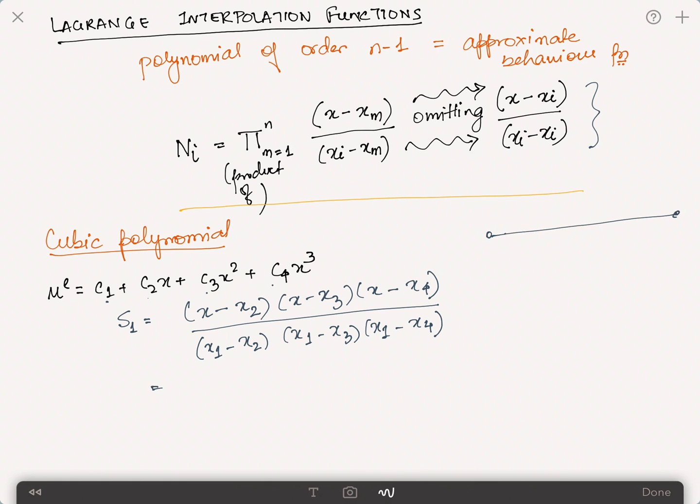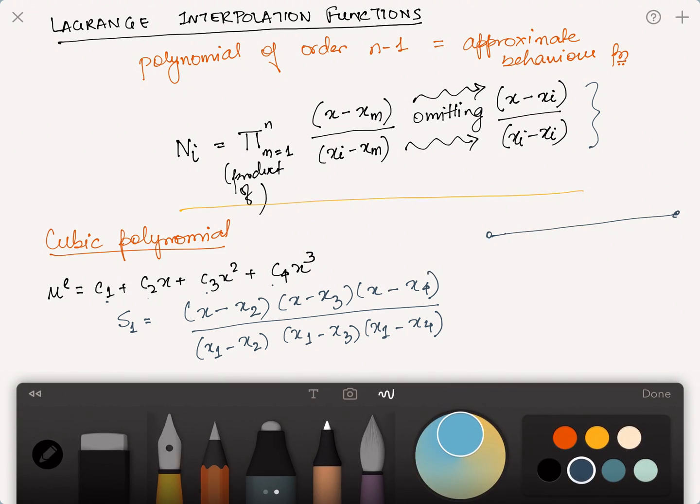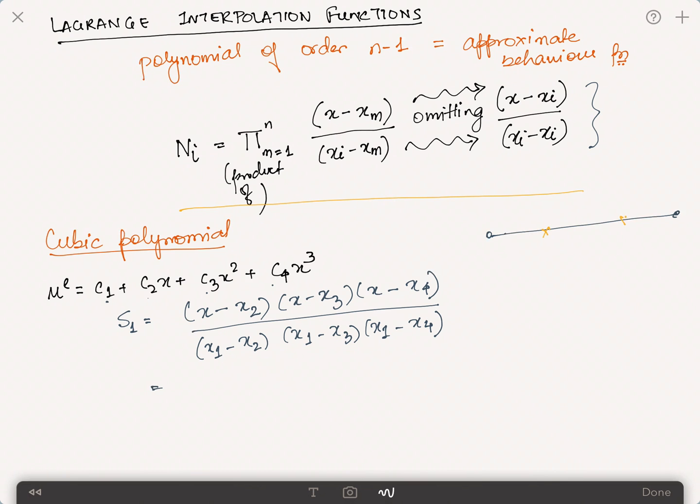If I use a cubic polynomial, I am introducing 2 extra nodes along its length. So say this is 1, 2, 3 and 4. Then I have N1 as I have described here in terms of x, x2, x3, x4. Now if the total length of this element is L, then each segment, when divided equally, has length L by 3.